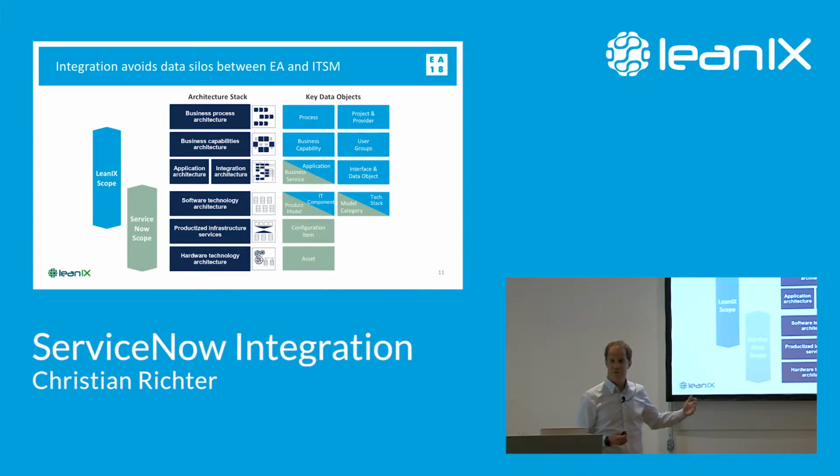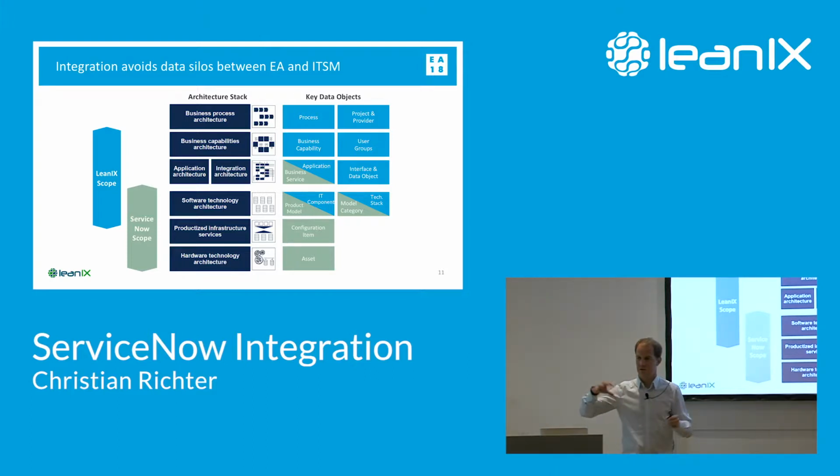We are talking about IT components on the LeanIX side, whereas we're talking about product models on the ServiceNow side. Those of you who are perhaps a little bit familiar with ServiceNow know there are the CIs, which are the instances, and the abstraction of that is the product model. I give examples on the next slide.